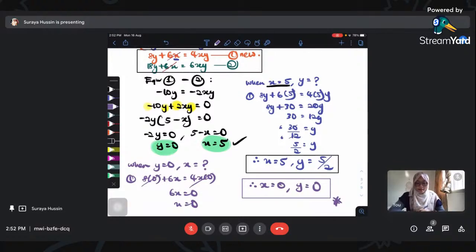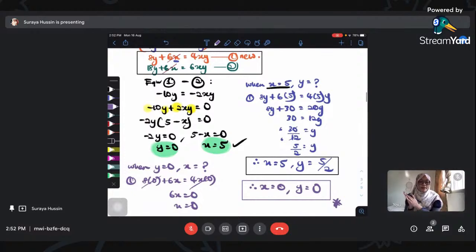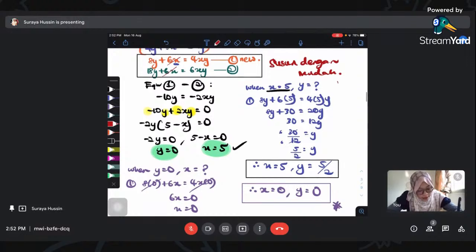Whew, done. Is it clear, everybody? So simultaneous ni sebenarnya mudah. Kalau kamu betul-betul susun dengan mudah, solving simultaneous equation akan mudah.